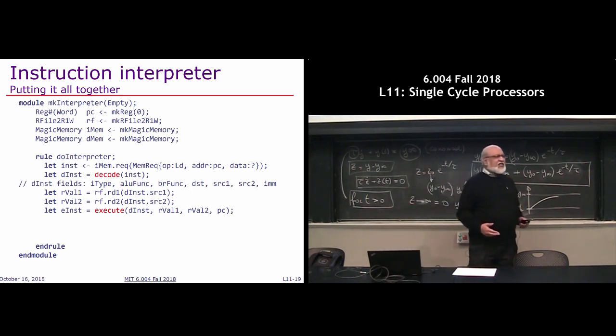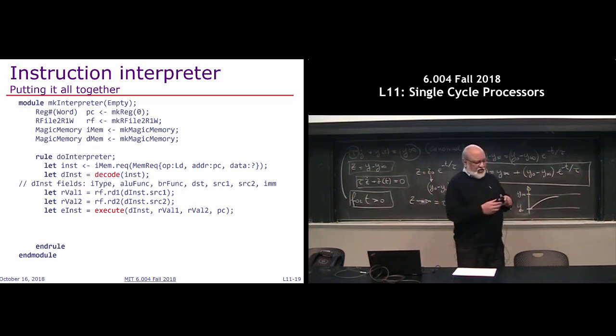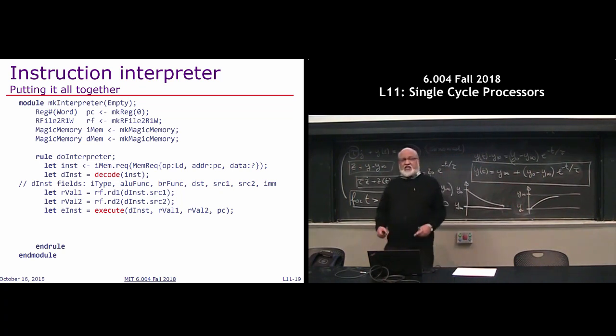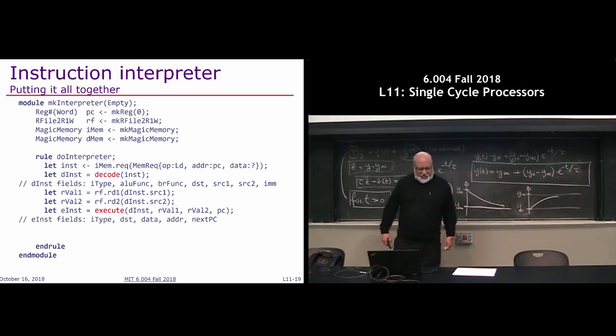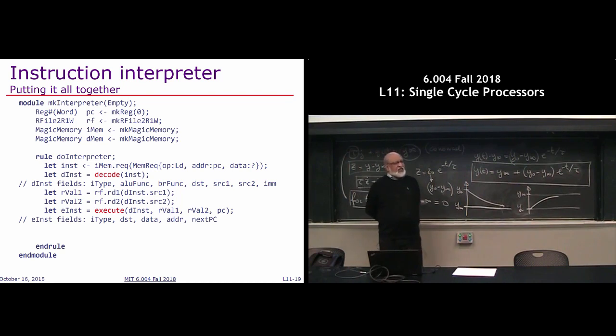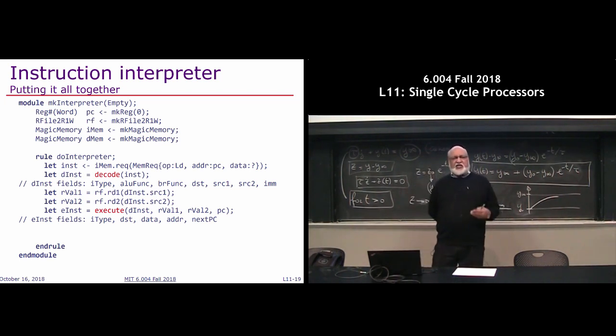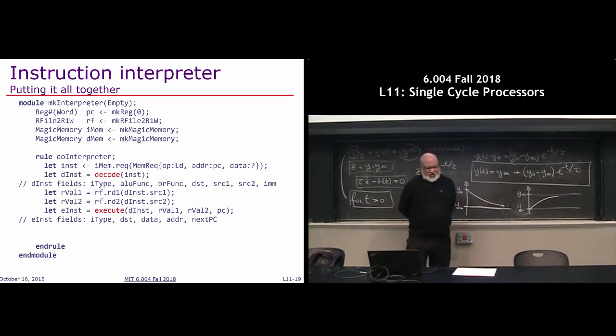So I passed everything in, and now the execute unit will actually produce the values according to the instruction. This is another gigantic combinational procedure. The type of the executed instruction is also very similar to the decoded one.